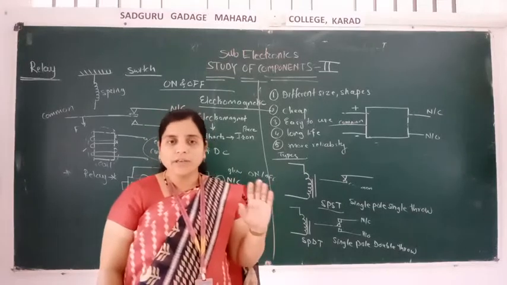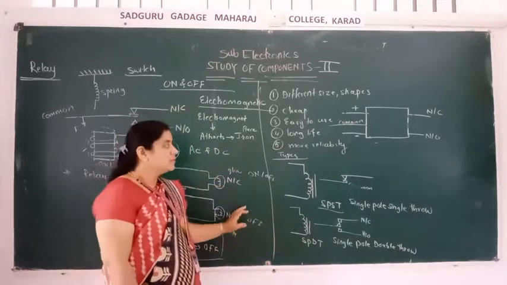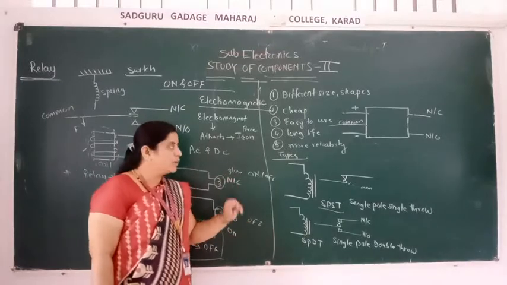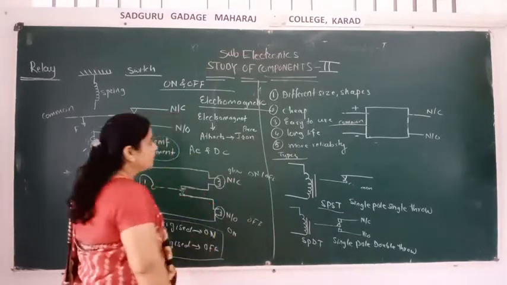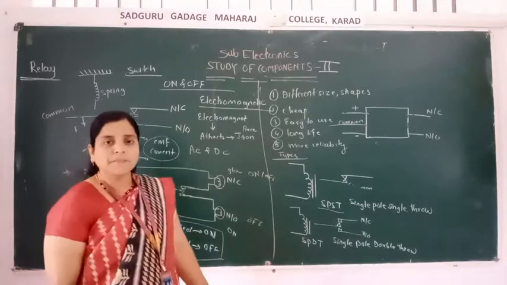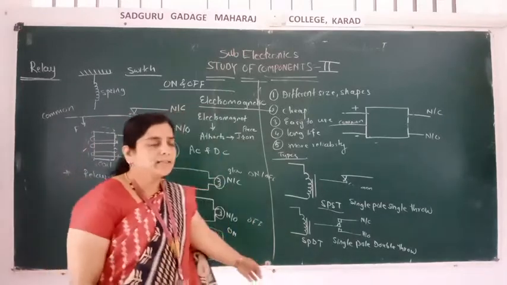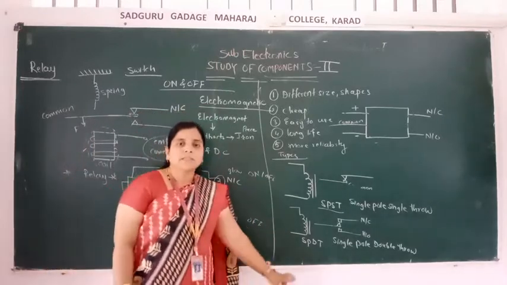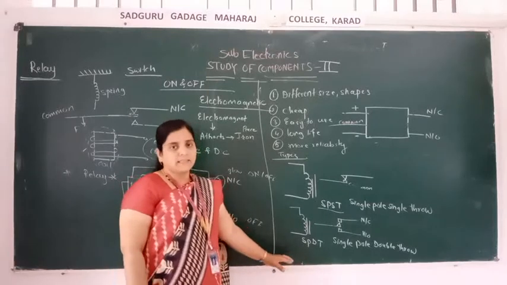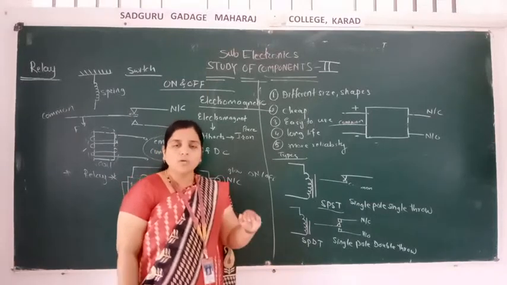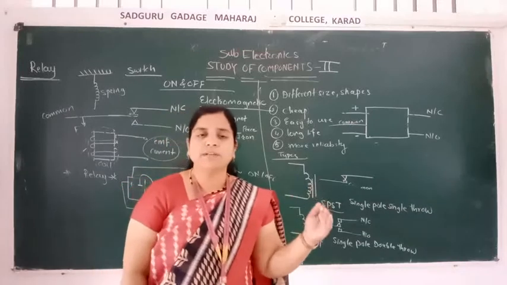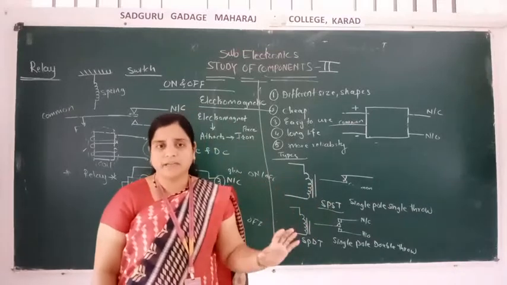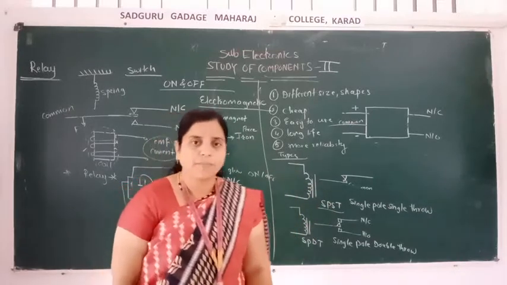Okay, all of you understand this concept. The best example is your inverter that we use at your home. So this is about the relay. All of you understand, this is a very simple concept. I hope you understand this thing. So we'll go slowly so that you will understand each and every concept very clearly. Okay, I'll stop here. Thank you.